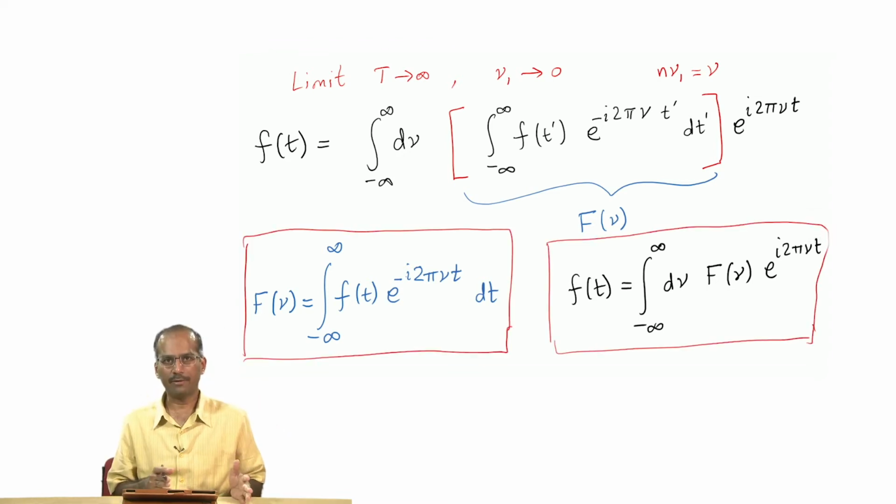The relation that you have on the left hand side tells you that if you integrate f of t times e power minus i 2 pi nu t over time, that gives you capital F of nu, which is the Fourier transform of f of t.